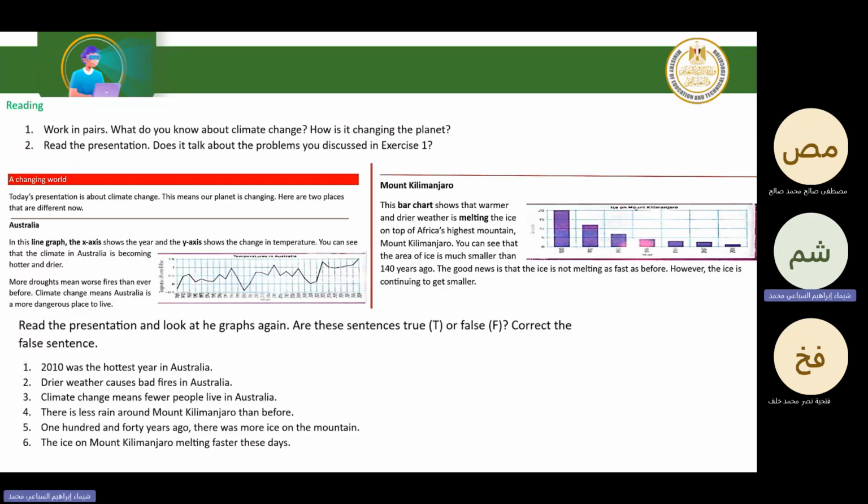Okay, this is your student book, of course, and we have here a line graph and a bar chart. This line graph and bar chart is about two different places in our world. I want you now to read about these two places, and then we are going to answer exercise 1.